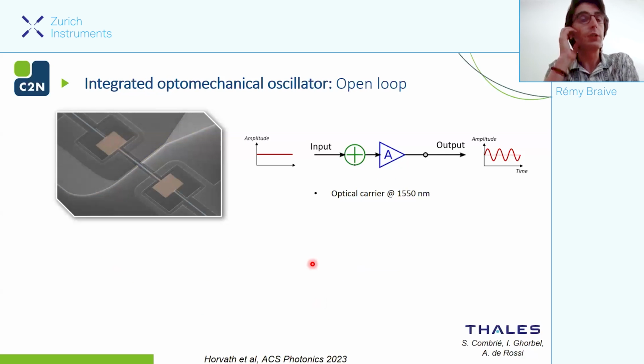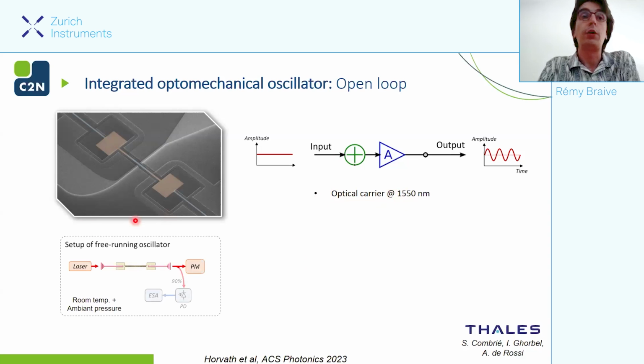If we go a little bit more into the details, first we look at the optical carrier of the photonic crystal part of the system. We launch a laser close to the resonance of the system, and we look with a power meter, at room temperature and ambient pressure, at the power that we collect at the end.